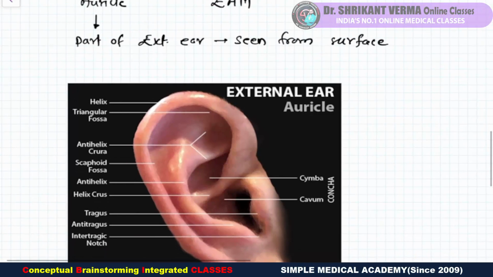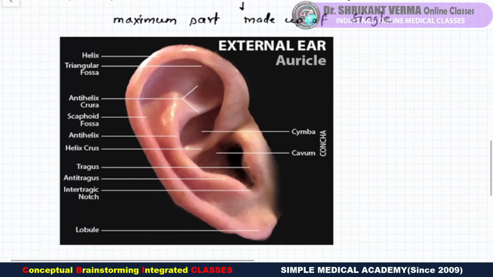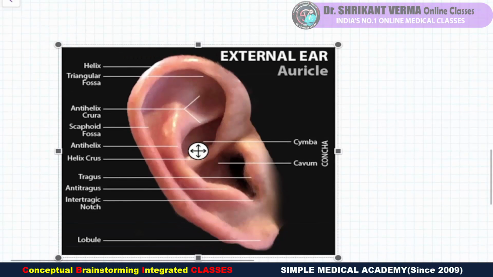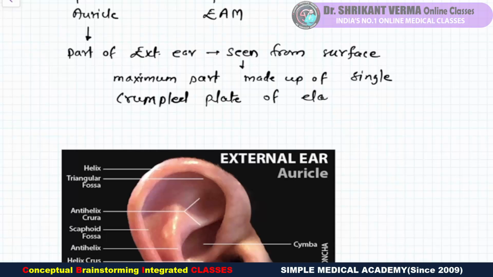Now see here, its maximum part is made up of a single crumpled plate of elastic cartilage.